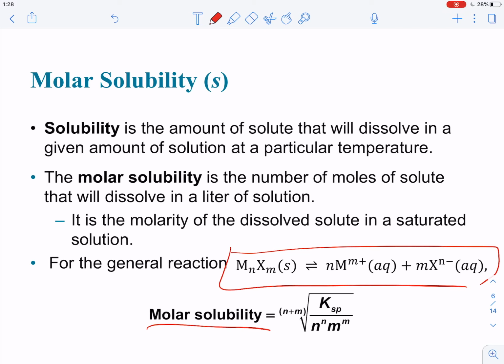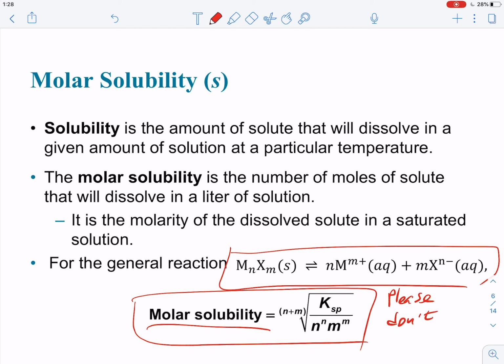Do you have to memorize this equation? I would say, please don't. Don't memorize this. This is sort of a general idea of what you will be dealing with, but do not memorize that, because you're going to get that out of the reaction anyway. So let's see what I mean.